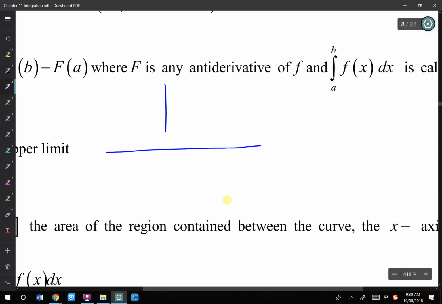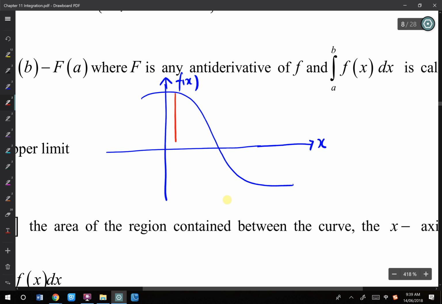if I draw this, something like that. You can draw any curve going up and down. Now I want to talk about the area in between A and B. Some is above and some is below.